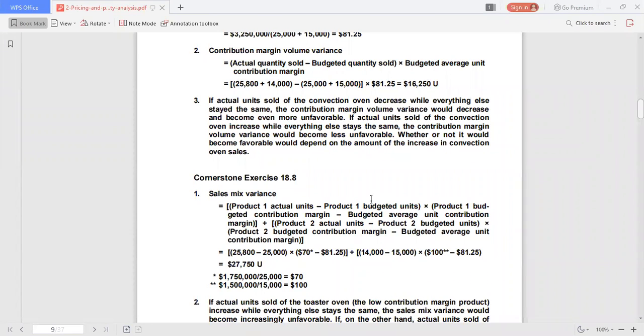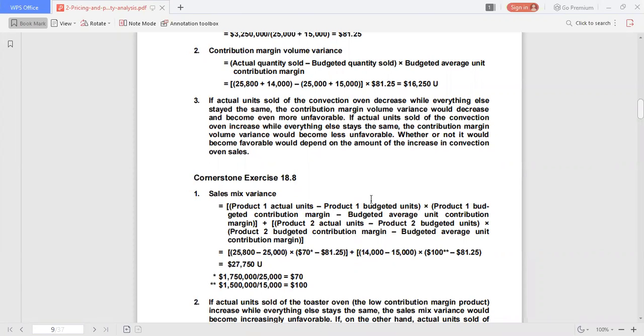The budgeted number of units is 25,000. Then we multiply the difference by product 1 budgeted contribution margin minus the budgeted average unit contribution margin.